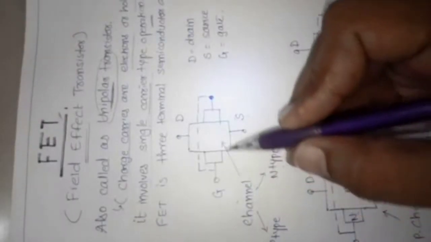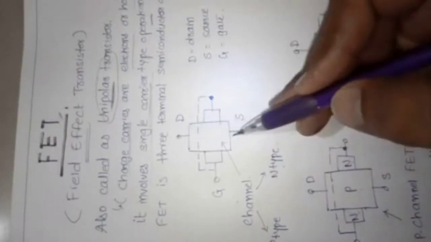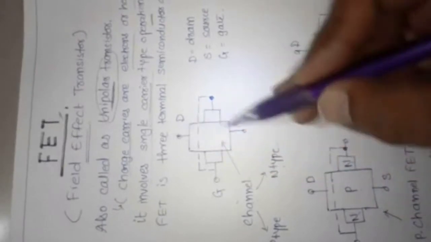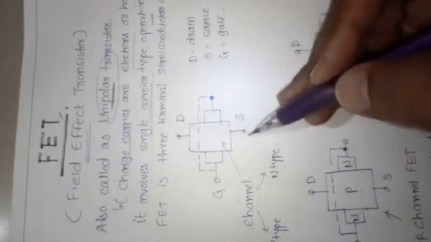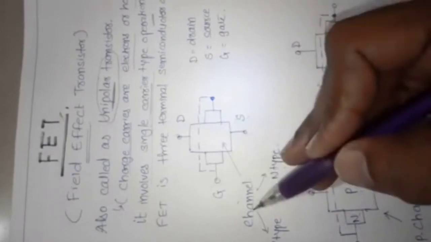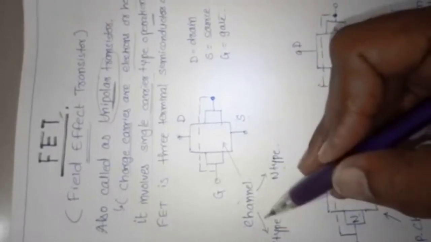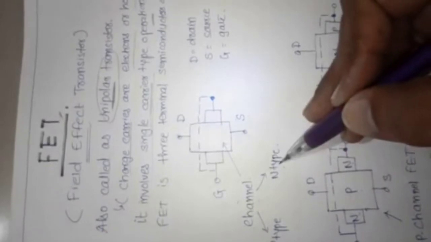Now we see the construction. There are three terminals: drain, source and gate. In between there is a channel, which is either p-type or n-type.